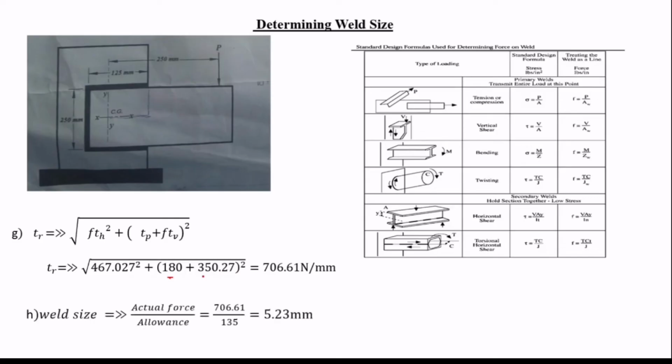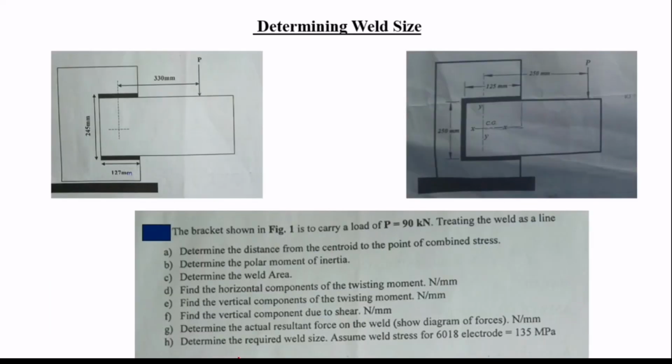Then our last one is to find the weld size, right? To find the weld size, we take the actual force over the allowable, right? In this case, the actual force we are going to use is our TR that we found. Then the allowable will be given in the question. Let me go back to the question. It says determine the required weld size. Assume weld stress for E60 18 electrode is 135 megapascal.